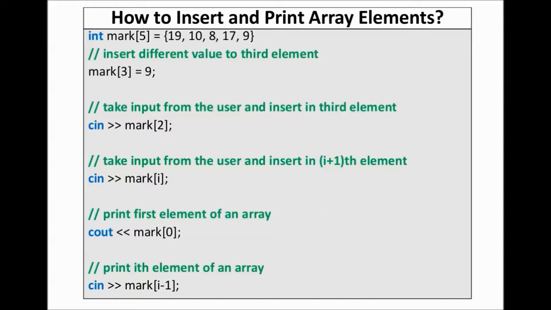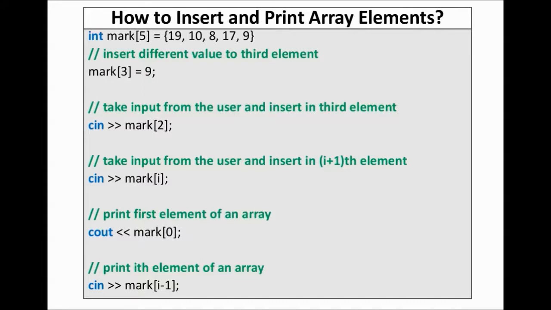Similarly, take input from the user and insert it in the i plus 1th element, that is cin >> marks[i], where i is any index value from 0 to the total length minus 1. To print the first element of an array, if we want to show the value at index 0, then we write cout << marks[0].